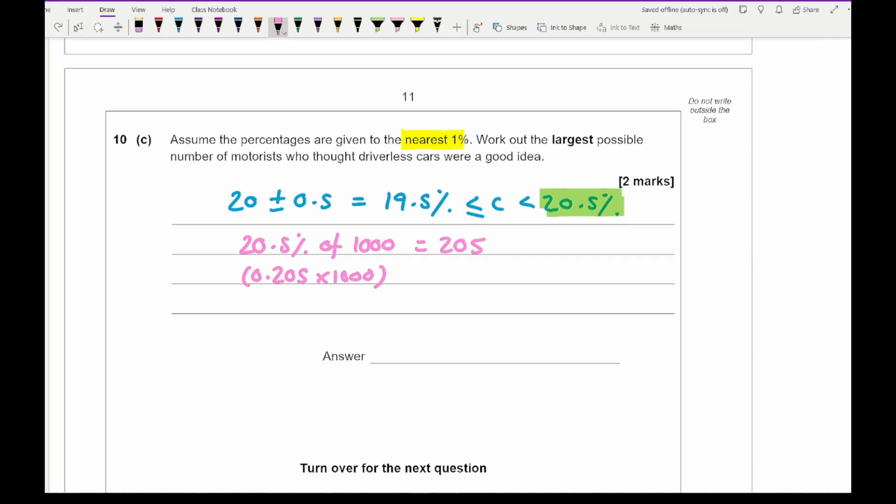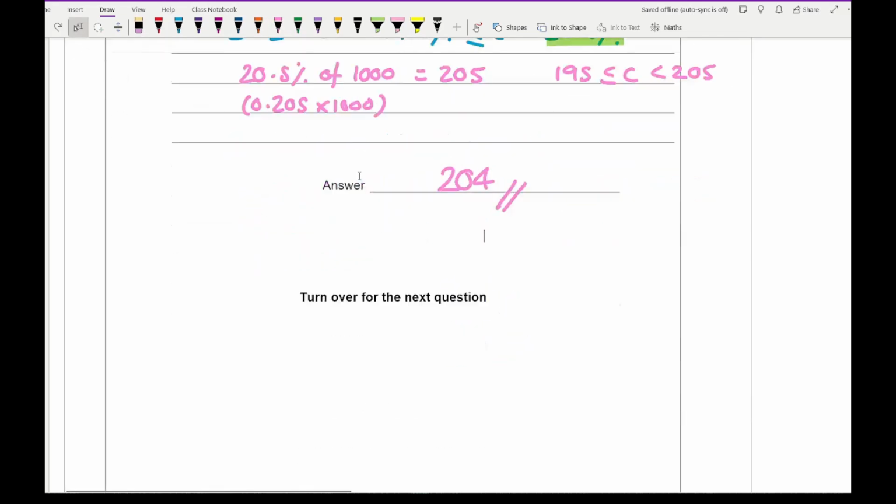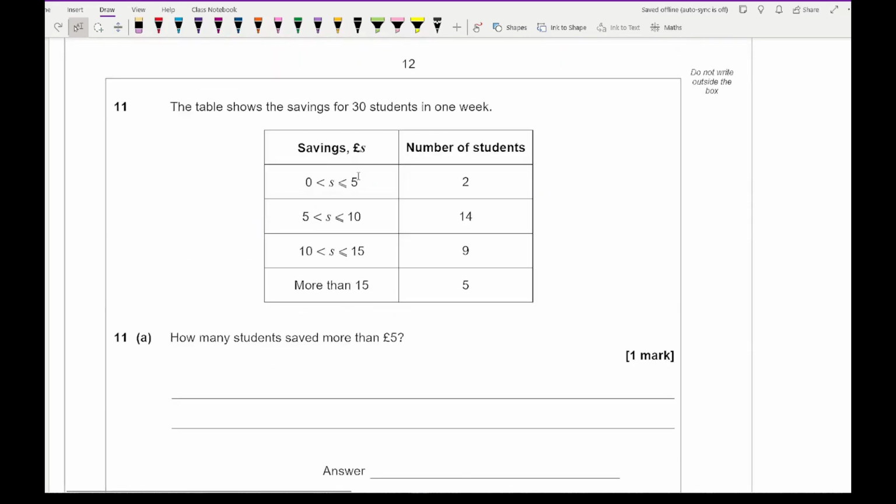So looking at the boundaries, it's going to be between 195 and 205. Now, because it can't equal 205, it's got to be a number less than 205. That means that the biggest number it can be is going to be 204.